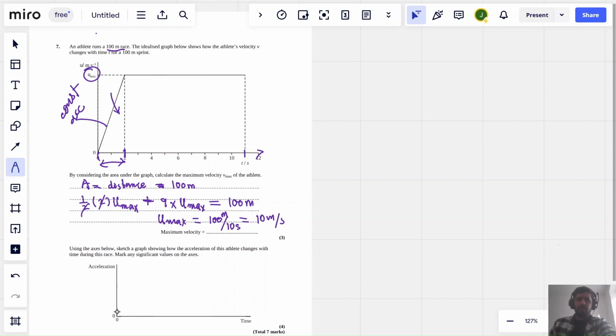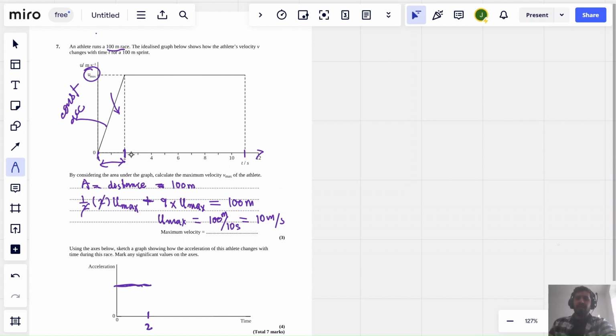So for constant acceleration, you should not draw a graph that looks like this and think that this is constant acceleration. Constant acceleration means acceleration has a fixed value. If it has a fixed value, it should be a straight line for about 2 seconds. So this is 2, and until 2 seconds, the acceleration will not change. It will have a fixed value, a straight line, okay?